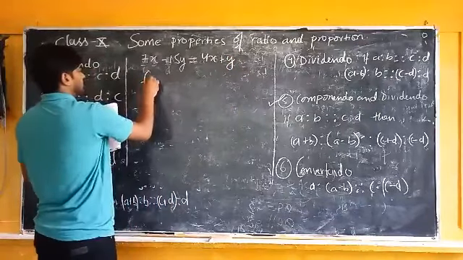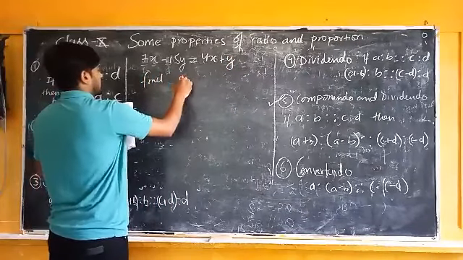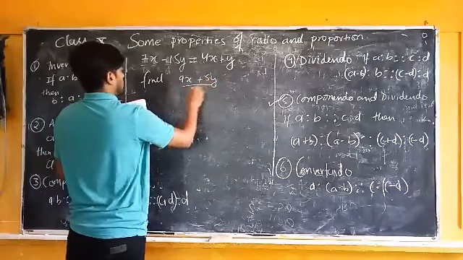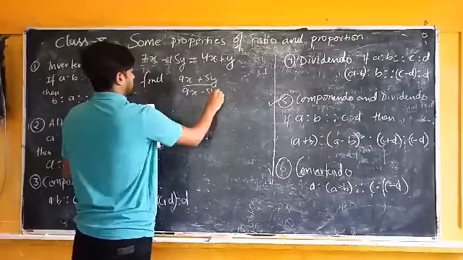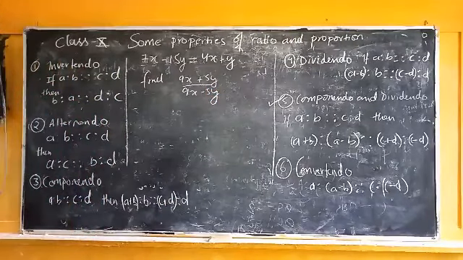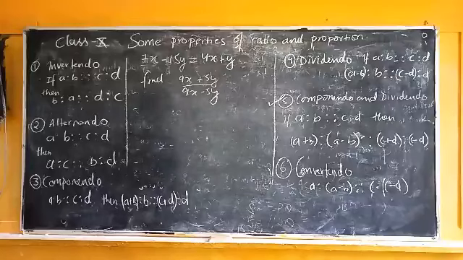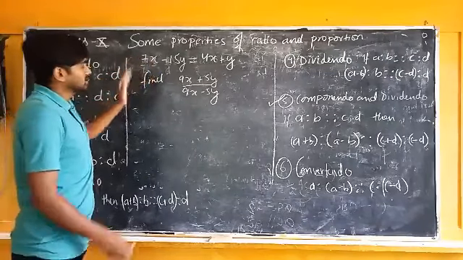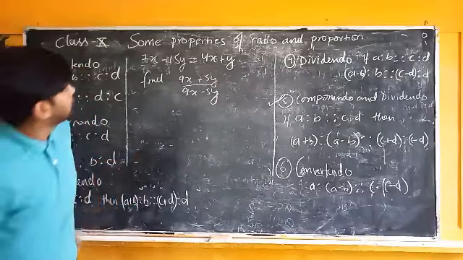But I have to find the value of 9x plus 5y upon 9x minus 5y. मैंने आपको कहा है don't touch the part that you have to prove, touch the part that is given to you. So this is what is given to me. Okay, so this is example number 5.